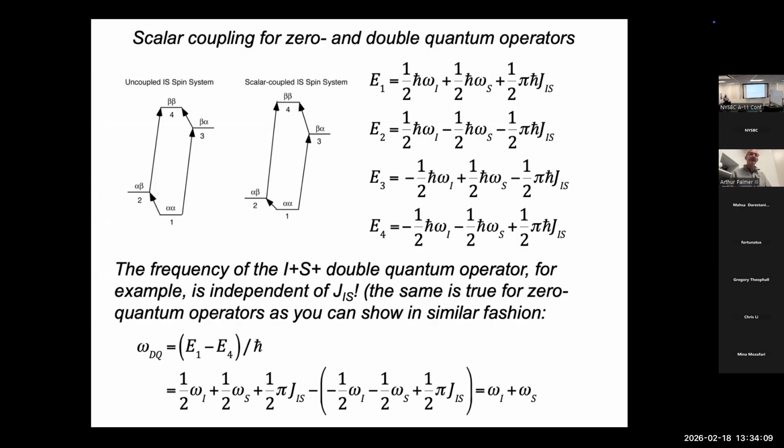If we look at the energy level diagram and calculate, for example, the energy in going from beta to alpha, and take the energies, including the scalar couplings, we see that all the scalar couplings cancel. And we just get back the chemical shifts, so the J coupling doesn't affect the energies, and therefore doesn't affect the frequencies.